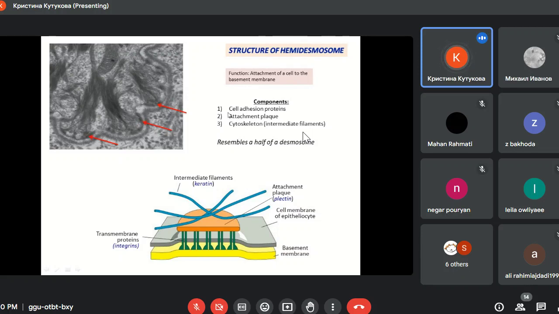And a third component of hemidesmosome are the intermediate filaments of the cytoskeleton. They are composed of the protein keratin in epithelial tissues, and these intermediate filaments make here in this cell such bundles, very well seen. These are bundles of intermediate filaments inside the cell.